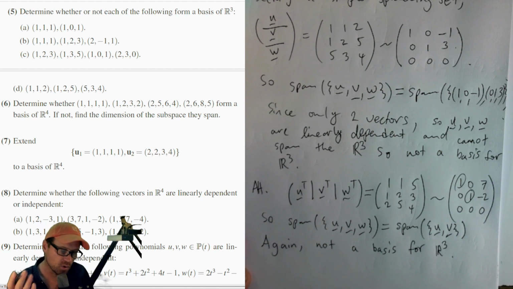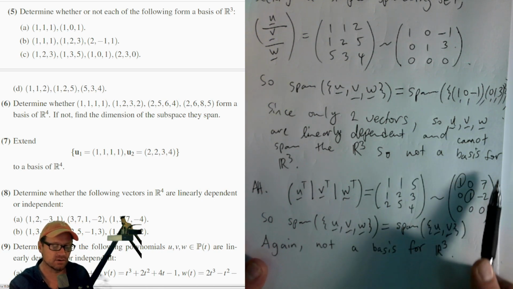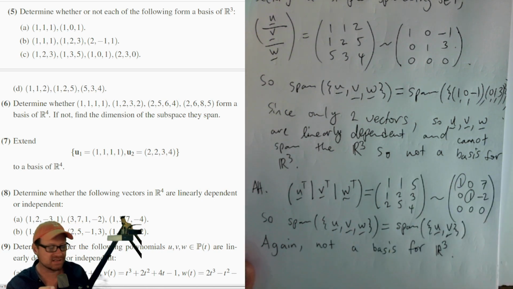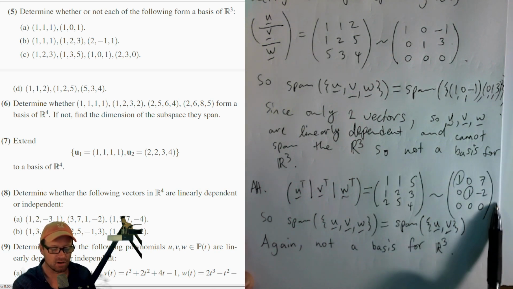Okay, and so furthermore, from the point of view of linear independence and dependence, if you were to just include another column containing all zeros in here to seek A, B, and C such that AU plus BV plus CW is the 0 vector, what you would learn then upon row reducing that is you would get this including another column of zeros.